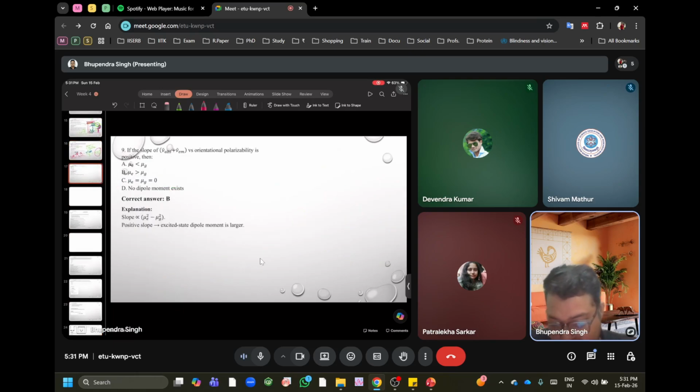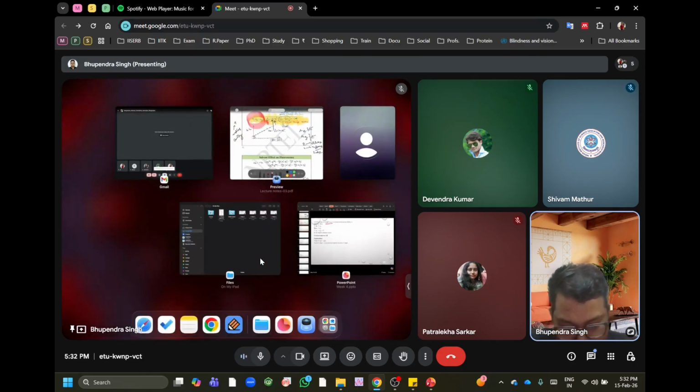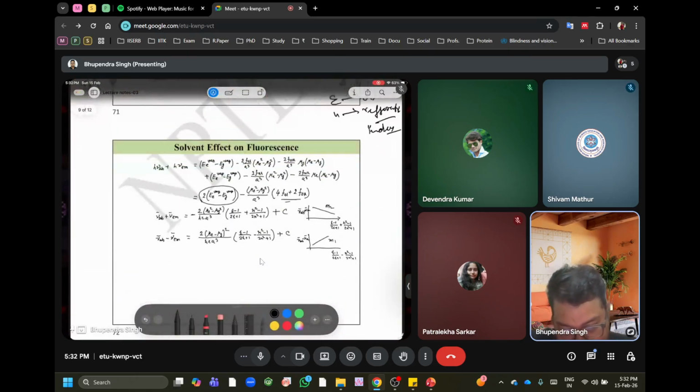Okay, this was the 8th, 9th question. If the slope of this versus orientational polarizability is positive, okay, this I need to show you here. This equation only, right?